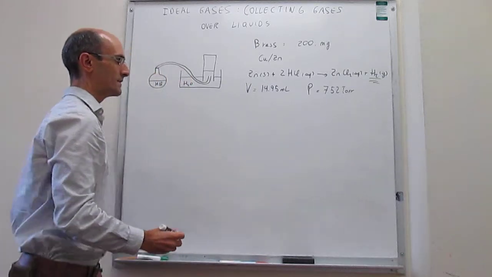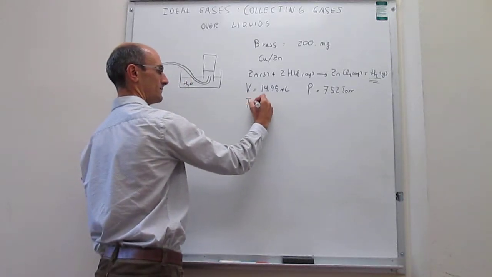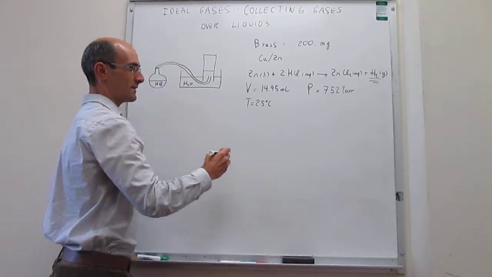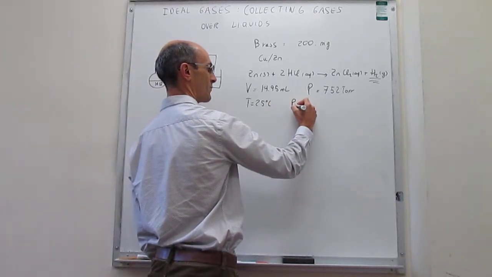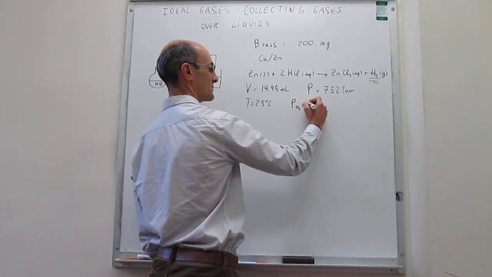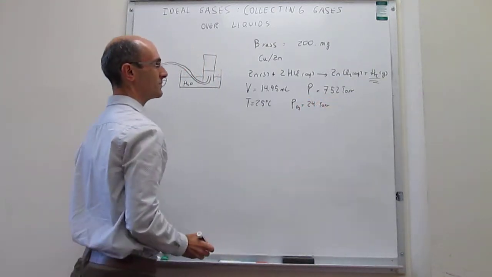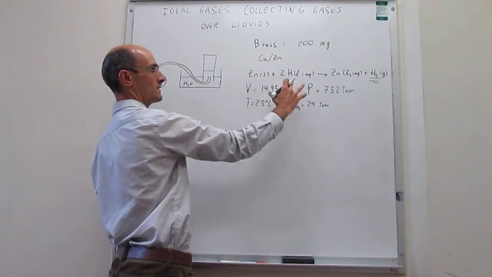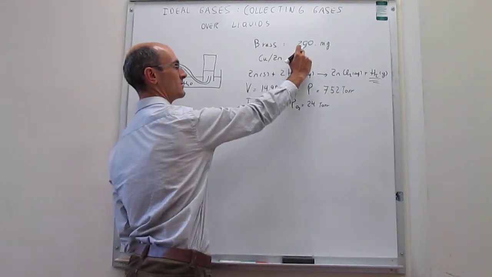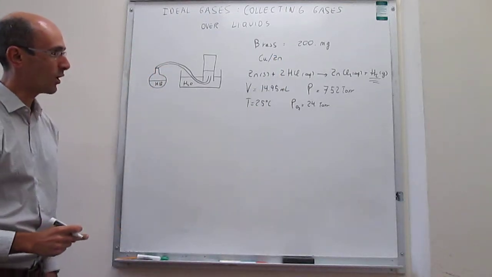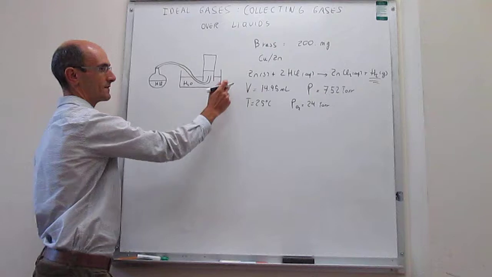The temperature is 25 Celsius. And the problem is also giving us something called the vapor pressure of oxygen under those conditions, which happens to be 24 torr. And the question is, with this data, calculate how much of these 200 milligrams of brass is actually zinc. Copper does not react in this fashion.